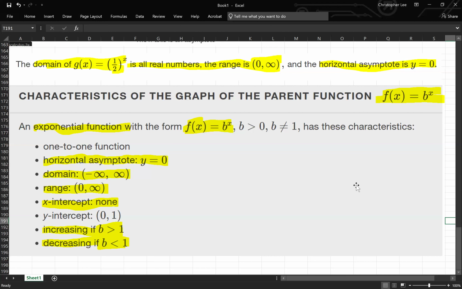If I have b as a fraction, let's say 1/3 raised to the x power, that's a decreasing function, or exponential decay. That's the difference between them. So this one picture right here, this is the sauce.